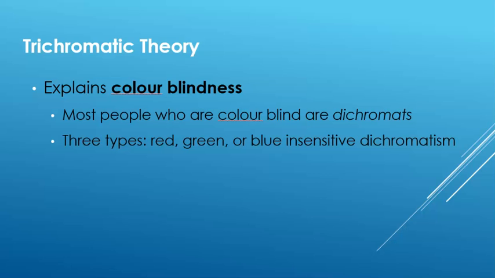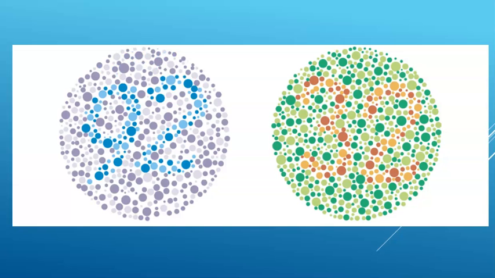In other words, they have trouble processing red, trouble processing green, or trouble processing blue. Trichromats are normal, meaning we have three. Dichromats would be color blindness. And then there are monochromats as well, which means they only see one color, or they only have one working cone type. But most color blindness is dichromats.